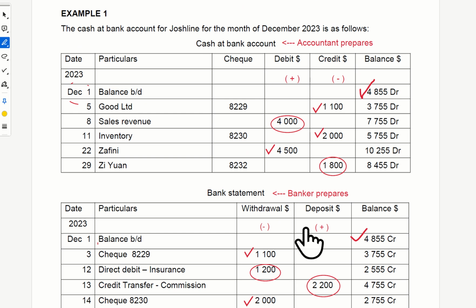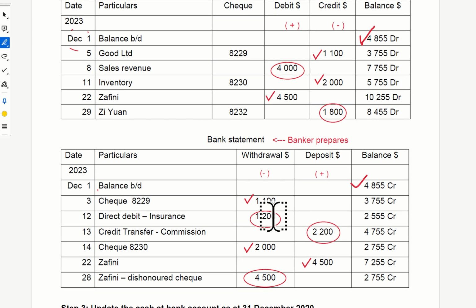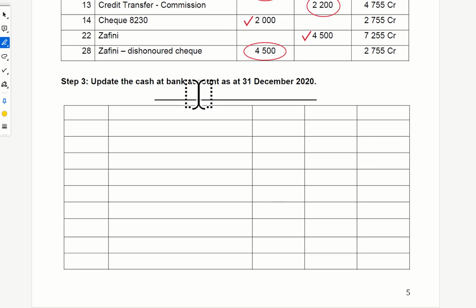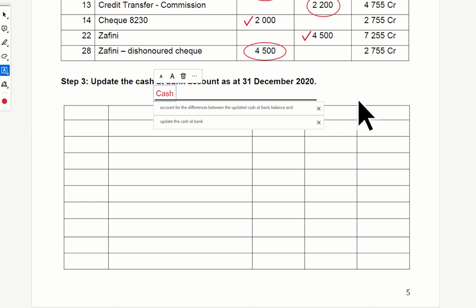Since you know that there are some money that you receive and some money you paid by the banker, you should update it in the cash at bank account, right? So that's what we're going to do next. Step number 3 is update the cash at bank account. So when we update a cash at bank account, firstly, we will type the account name, cash at bank account.